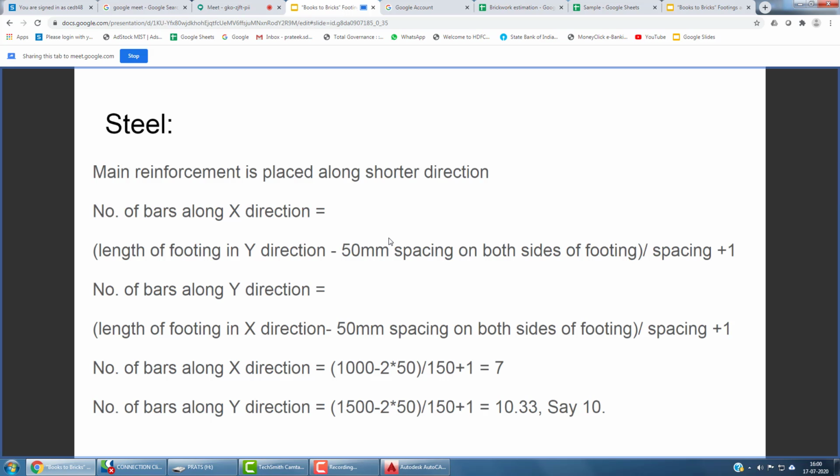Your dimension in y direction is 2 meter. And the spacing is 150. So tell me the number of bars. I hope you are getting it. X direction 2.25 meter, y direction 2 meter. Spacing is 150. You need not know the diameter, you just need to know the spacing. So tell me the number of bars.